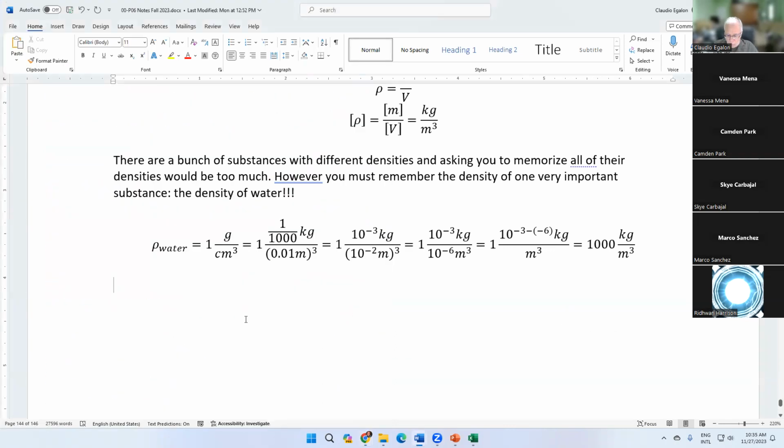The next concept you must know is pressure. And in order to have a good grasp of both the concepts of density and pressure, you must work out problems, right? Examples that are in the book, okay? So what's the definition of pressure?